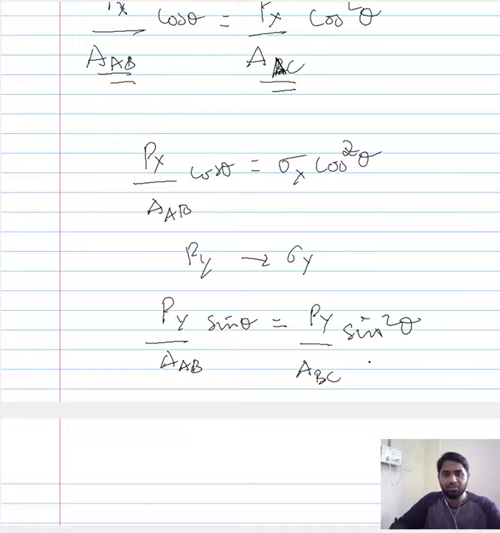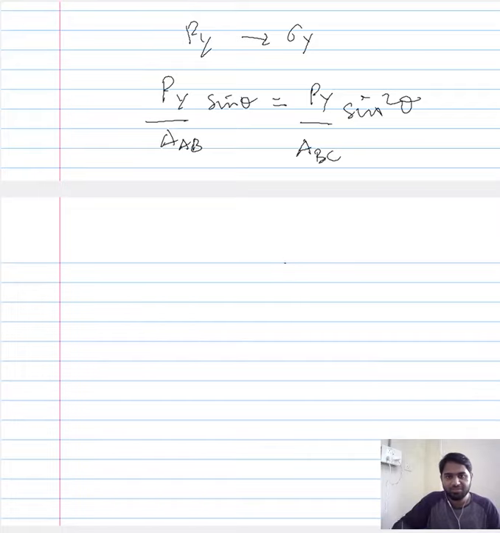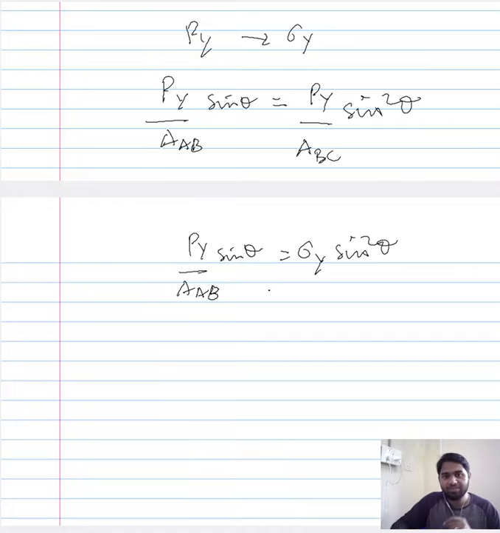And ultimately what you have now done is you have expressed this in terms of sigma y sin square theta. So you have Py by area AB sin theta as sigma y sin square theta.